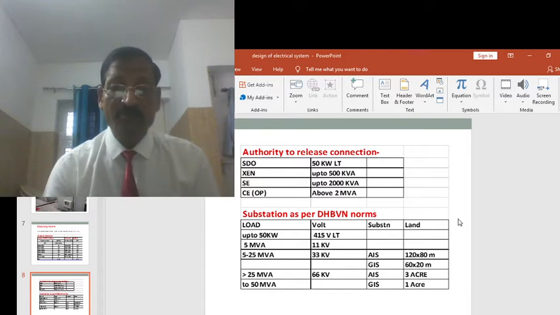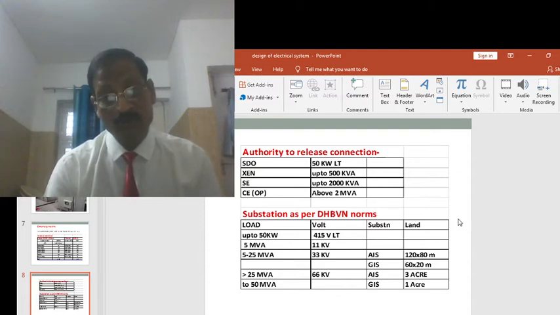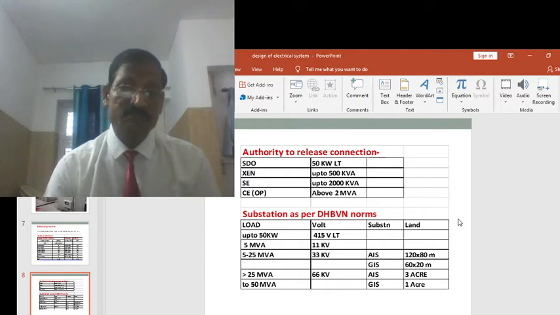If the load is up to 500 kVA, then the executive engineer of the concerned area can release the connection, and that will be up to 11 kV. And if the load is up to 2000 kVA, then the superintending engineer is authorized to release the connection. And for about 2 MVA load, the chief engineer operation can release the connection.